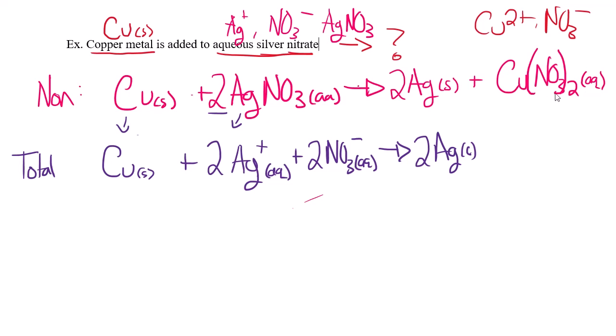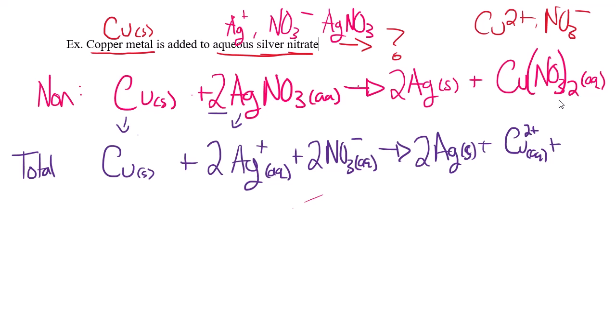My copper nitrate here, though, it is high solubility. It's an ionic compound, so it's going to get written as such. We're going to split it apart. These copper ions have a 2+ charge. They are aqueous. And these nitrates. Now, there are 2 nitrates for every copper, but they're not going to go buddy-buddy and stick together. This 2 doesn't mean that they stick together when they dissociate.